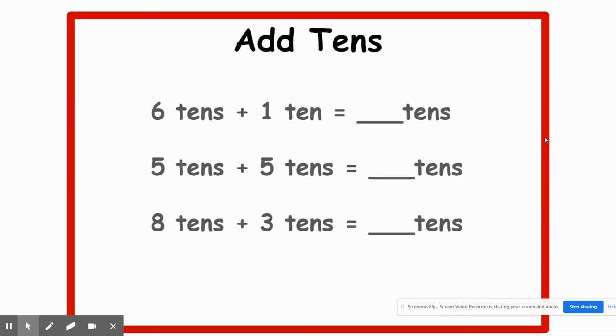Okay, one more set of addition number sentences with tens. And here are the solutions. Remember, if you don't agree with an answer here because yours is different, pause the video and use your rods to help you solve the math sentences.